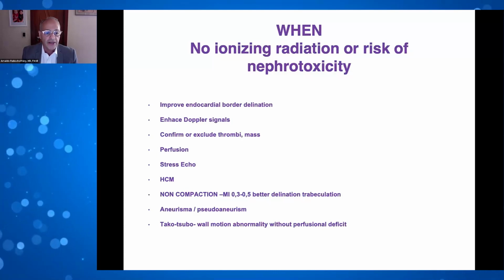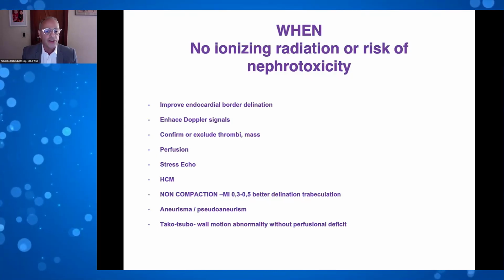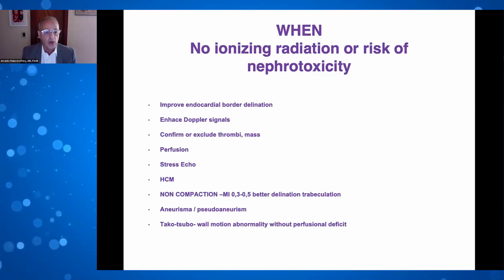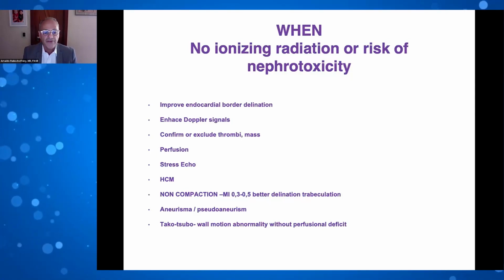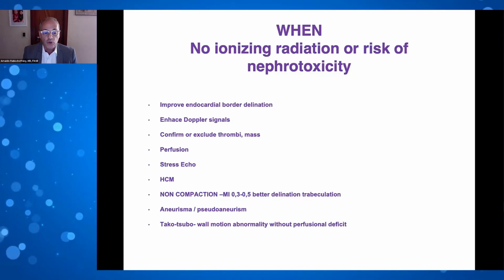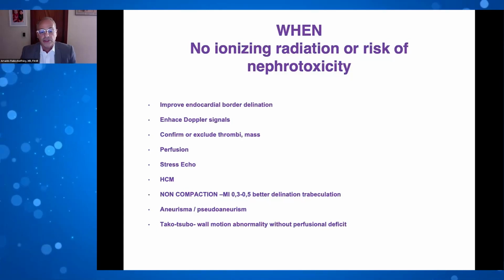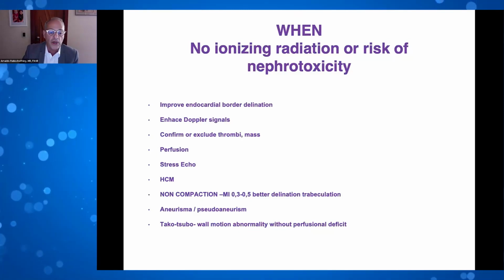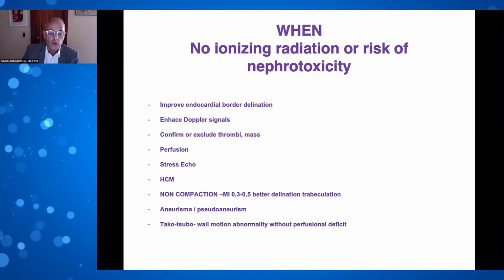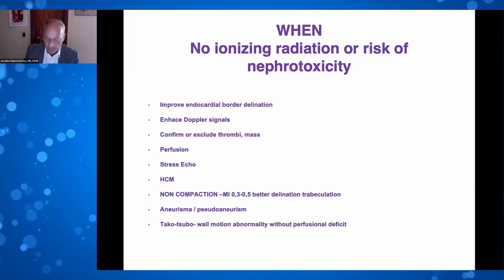We use it a lot in stress echo, in HCM, in non-compaction, and in aneurysms or pseudoaneurysms of the left ventricle. In Takotsubo disease, it can also be good to detect wall motion abnormality without perfusion deficit.